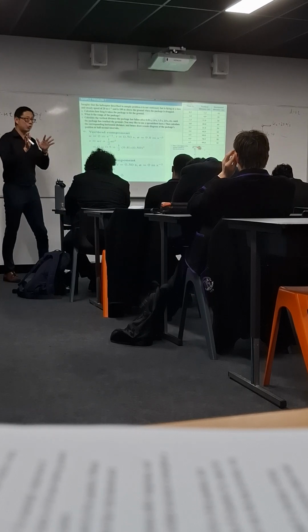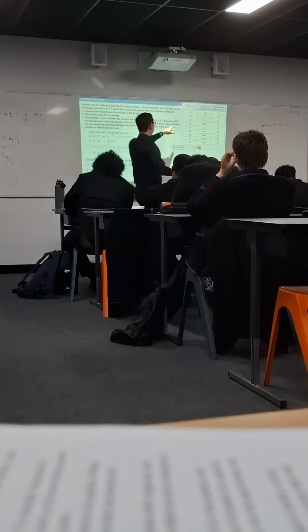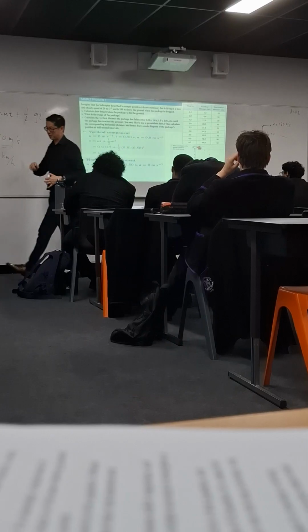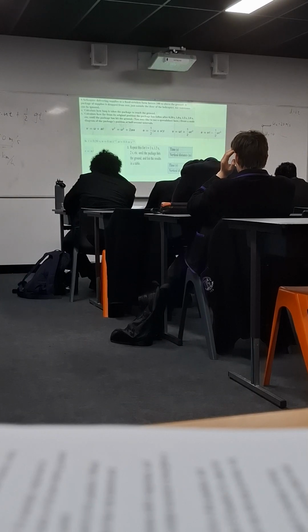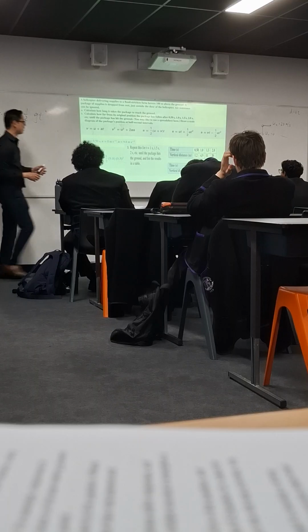Now let me know if you have any questions about these tables. This is the amount of time taken that you're in the air. Your vertical distance. So if you check this table, it's exactly the same as the previous values.